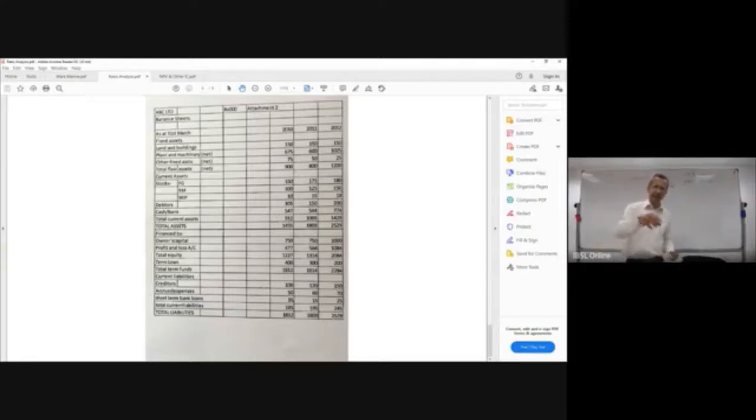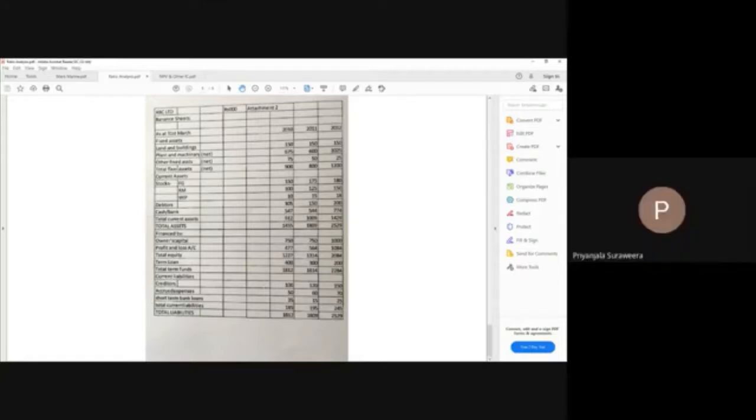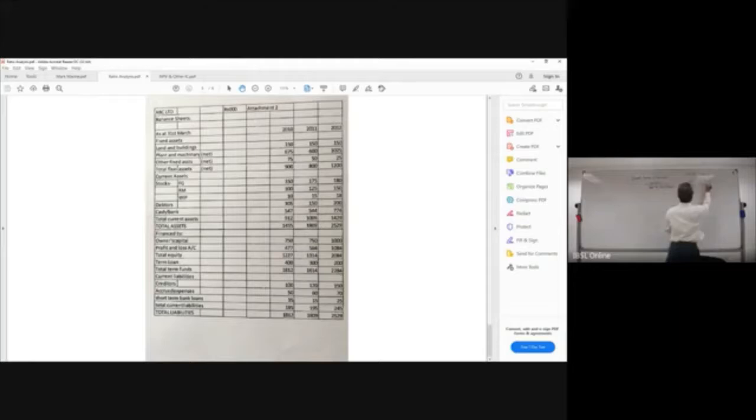We add, as you said, 1700 divided by 2, 850. Similarly for 2012. That's why we need the 2010 accounts here to get these averages. 2012 net average fixed assets is 1000.